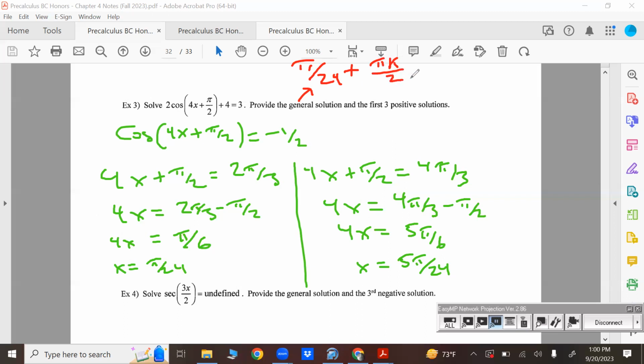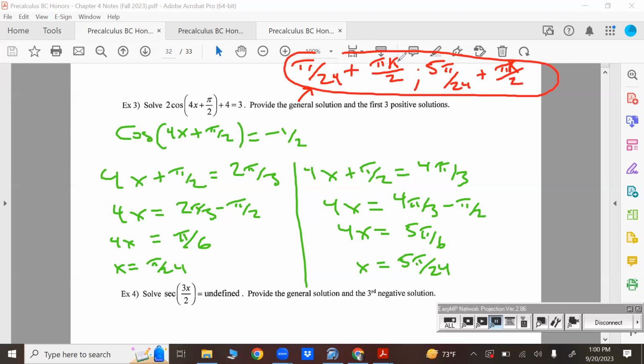I don't have my general solution back then. Pi over 24 times. No, it's not. Well, it's not like pi over 20. I got pi over 24. 5 pi over 20. I didn't plug each one in, I just multiplied by 2. I got pi over 24. 5 pi over 24.